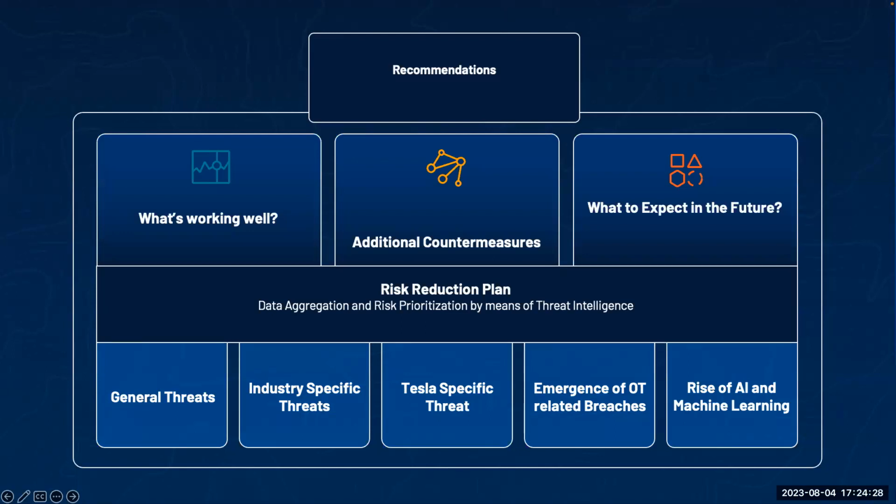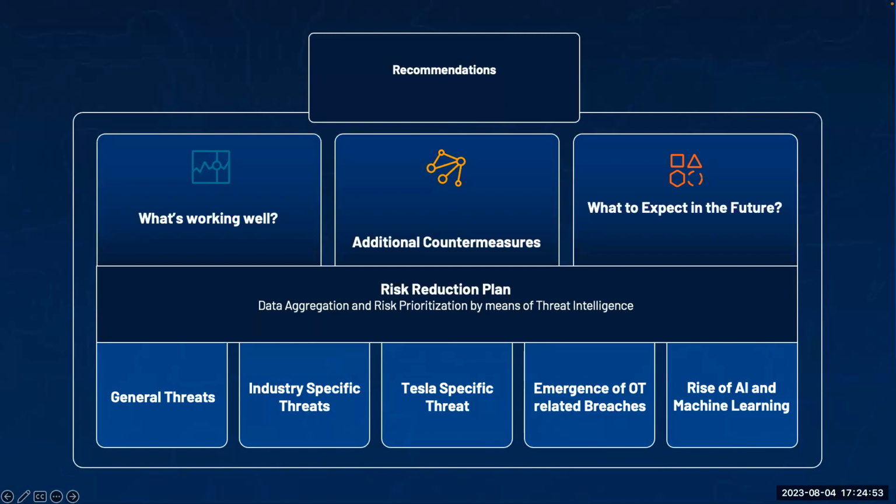We need to create robust internal employee training, address the attack surface, especially when it comes to external perimeter-facing assets, and we need to deploy OT-specific security solutions. What can we expect? Well, the rise of artificial intelligence and machine learning, as well as the expanded attack surface on OT infrastructure.